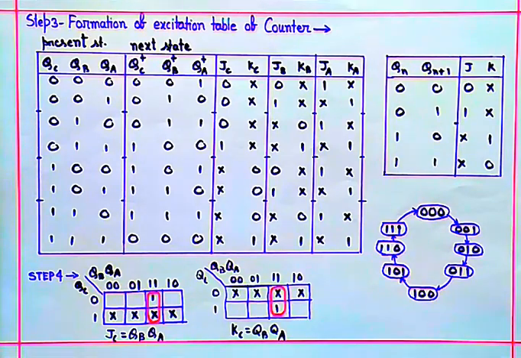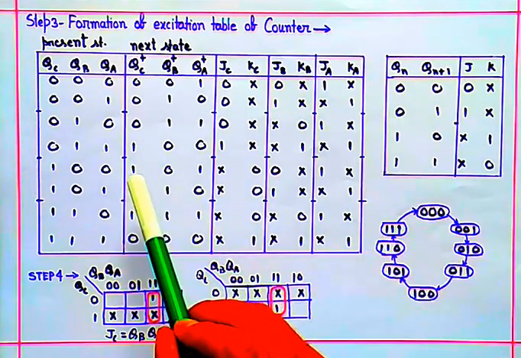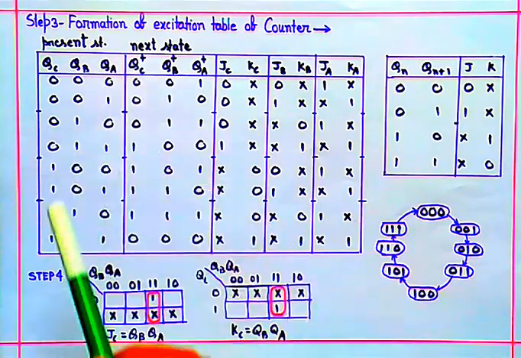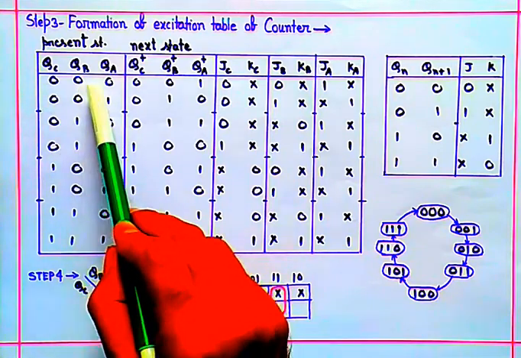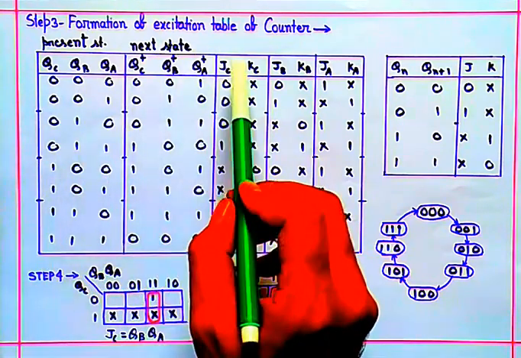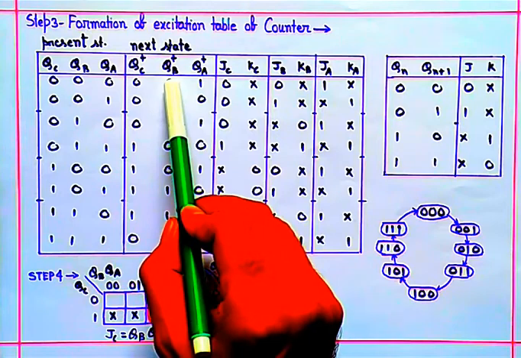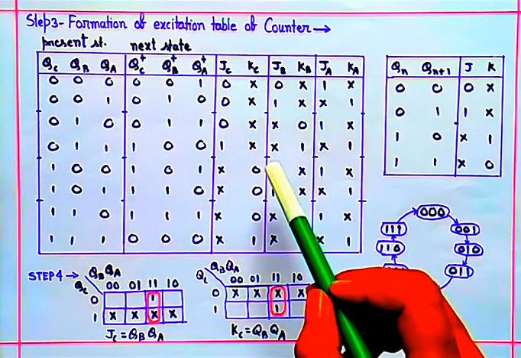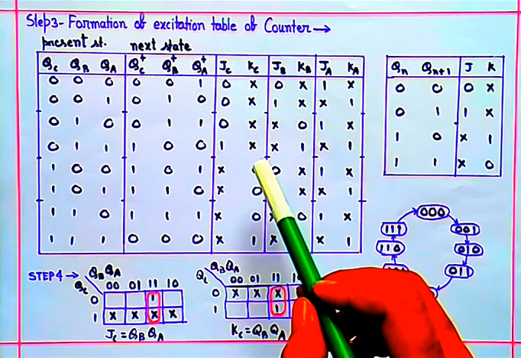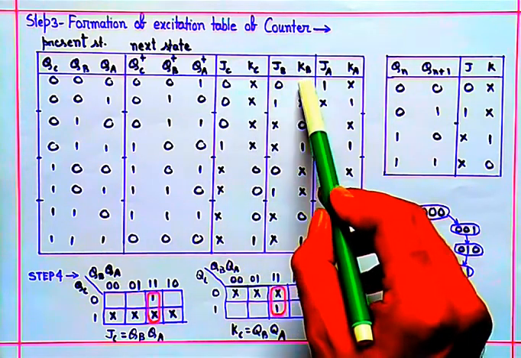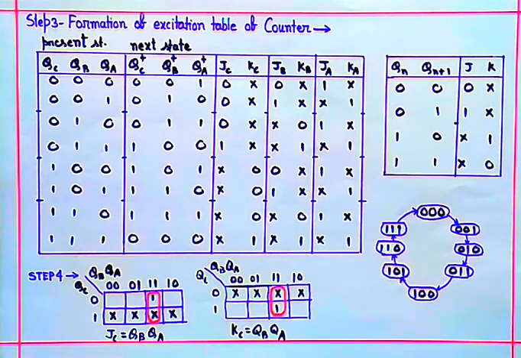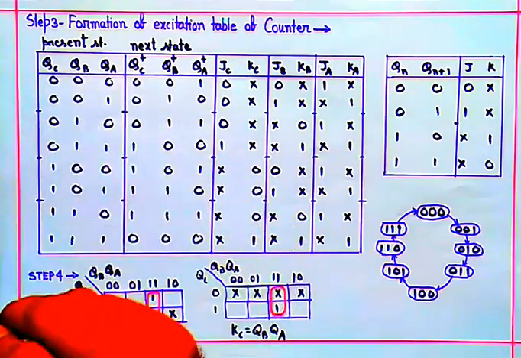So first draw this table in which the present parameters are QC, QB, QA. Next parameters are QC plus, QB plus, QA plus, and the input values to the JK flip-flops are JC, KC, JB, KB, JA, KA.